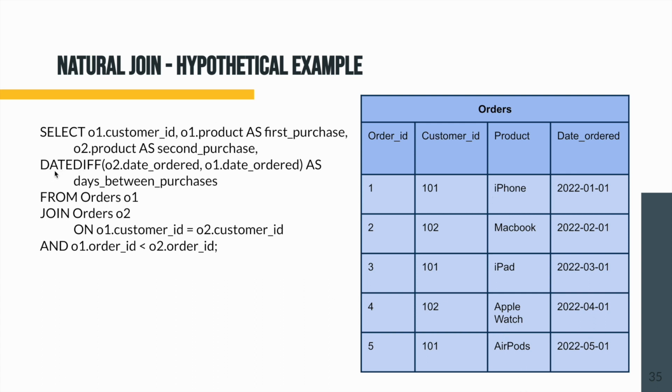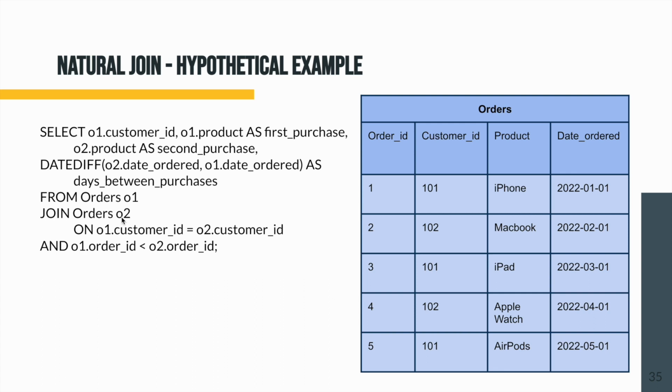Then I do something called datediff. You haven't seen this, but basically it looks at the dates and gives a value of the difference between those 2 dates. So I'm giving it days between purchase, and I'm doing this from orders o1, which was the nickname I gave it, and then joining it to orders o2.